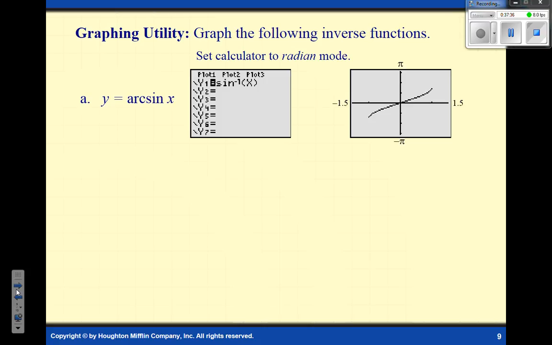So put it in y equals and then go zoom 7. You have to be in radian mode. Zoom 7 resets your window. You have to put an X in. It opens up parentheses and you have to put the X in there.